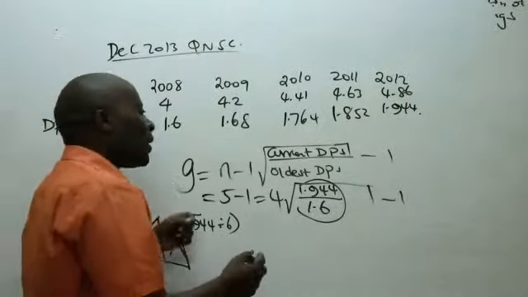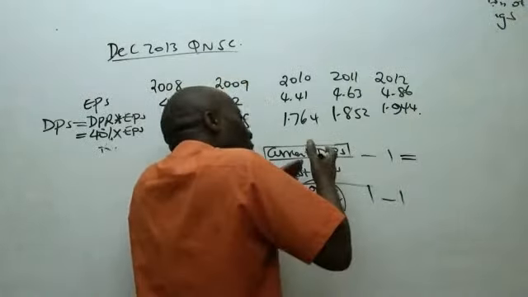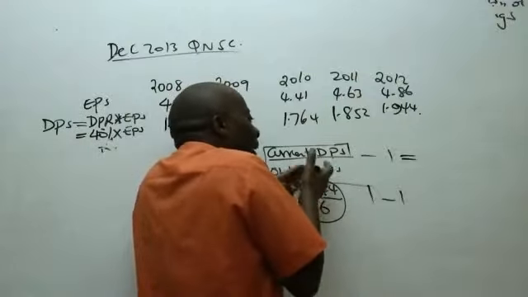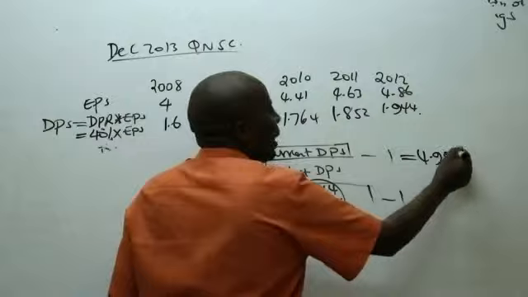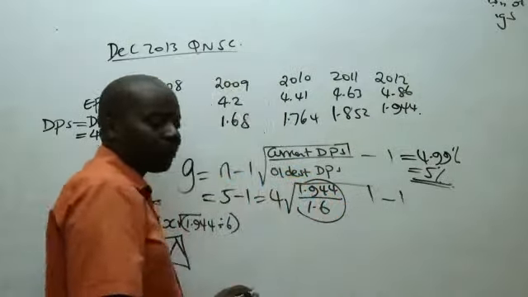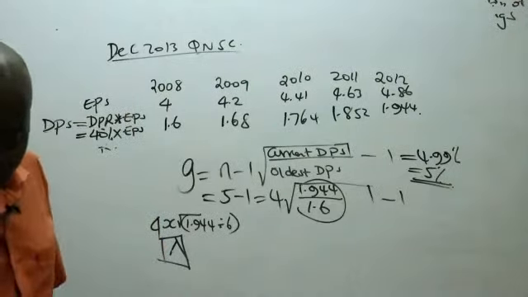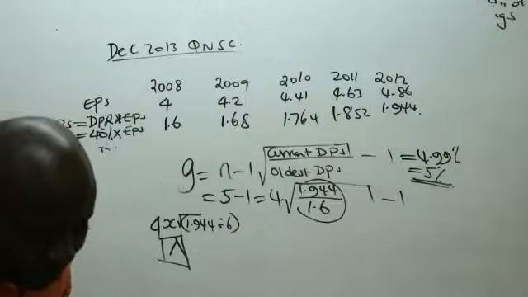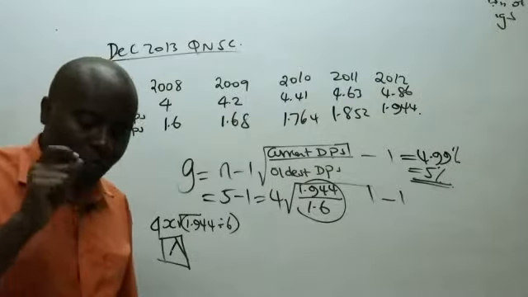What the students are telling me is that whatever they have gotten, they have gone a step further and multiplied by 100 to get a growth rate of 4.9%, which is the same as 5%.